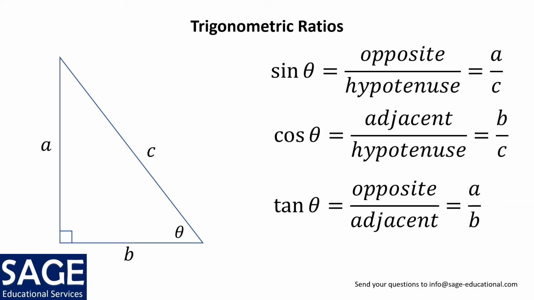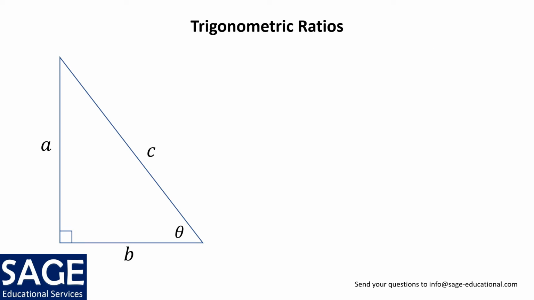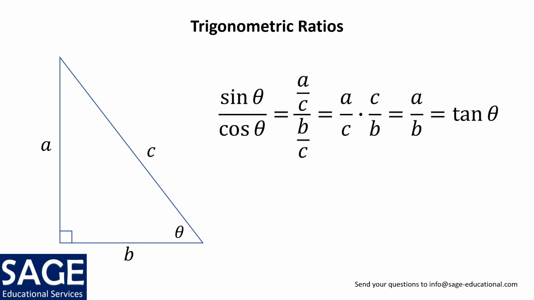Now, an interesting thing happens when we divide sine of theta by cosine of theta. Sine of theta was a over c, cosine of theta was b over c, and dividing them ultimately gives us a over b, which is equal to tangent of theta. So, a side note: sine of theta divided by cosine of theta equals tangent of theta.